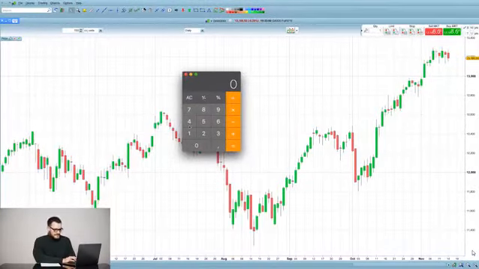We need to add all these numbers up: 136 plus 123 plus 107 plus 82 plus 140.5. The market moved 588.5 points in total in the past 5 days.